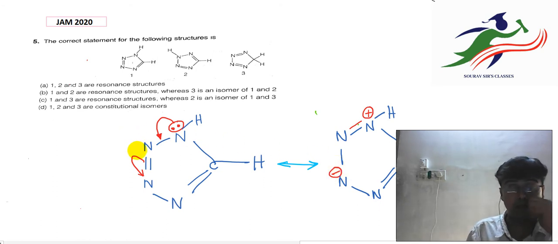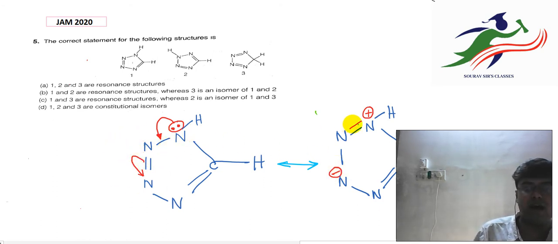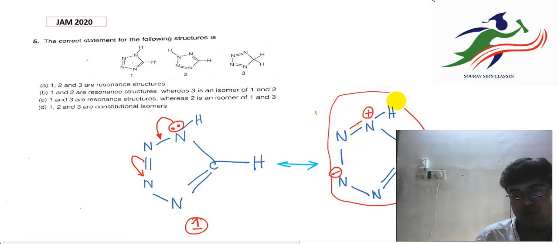So initially the molecule was neutral, and after the resonance, it is again neutral. Why? Here we have one plus charge and one minus charge, so overall it's once again neutral. Now you see, this is compound number 1. Does this compound match with any other compounds given over here? No.